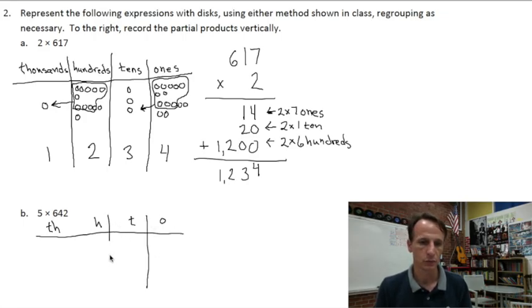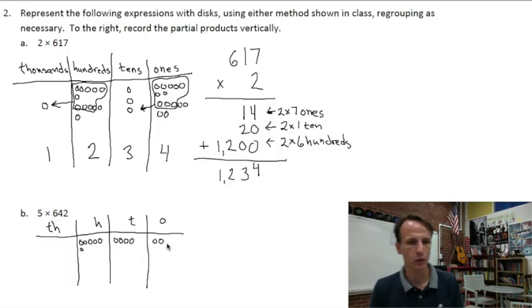We have to make certain assumptions as we move along here. So 642, and I'm going to be multiplying by 5. Ooh, I'm going to be a little squished on room here. All right. So 1, 2, 3, 4, 5, 6 hundreds. 1, 2, 3, 4 tens, and 1, 2 ones.